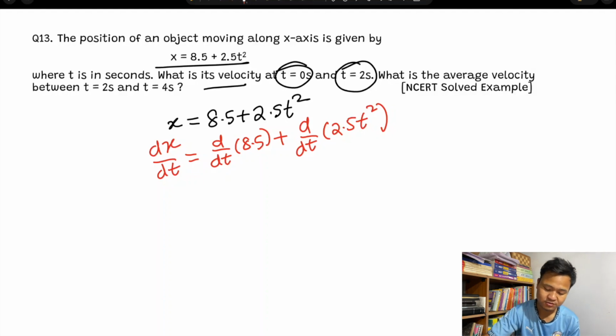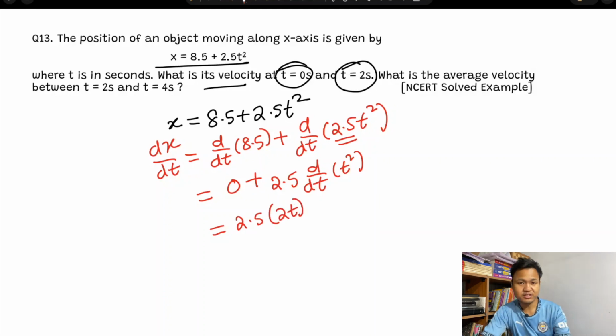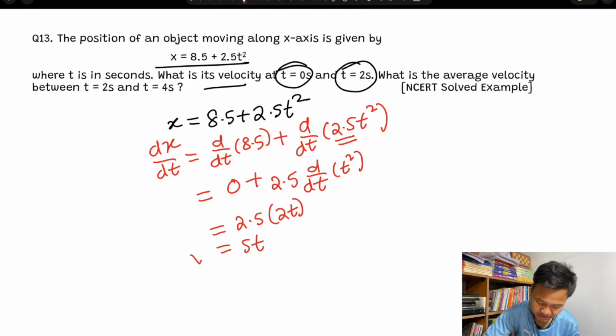Here 8.5 is a constant, and the differentiation of a constant is 0. Plus, the constant 2.5 I take outside along with the variable, so d by dt of t square is 2t, giving 2.5 into 2t. So here I will have 5t, and this is nothing but v.